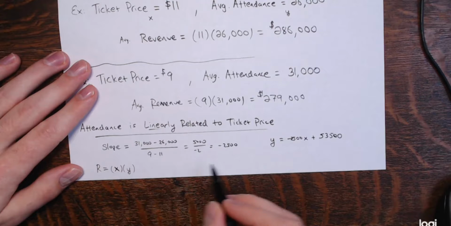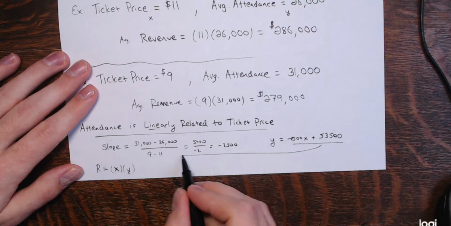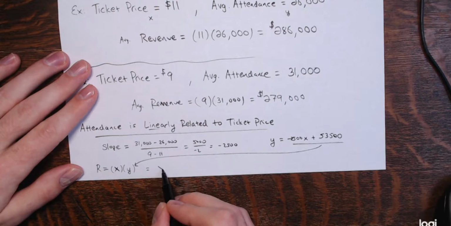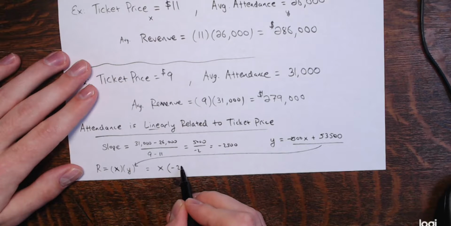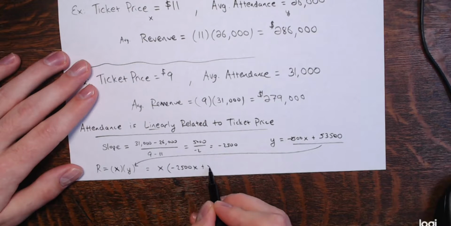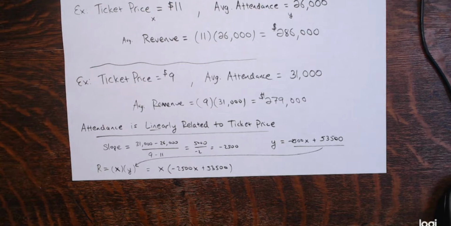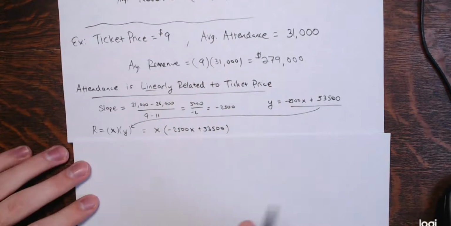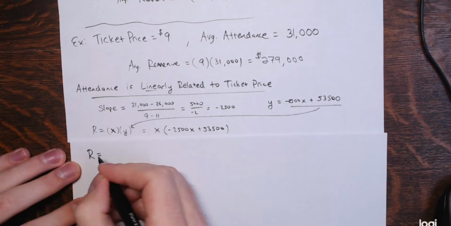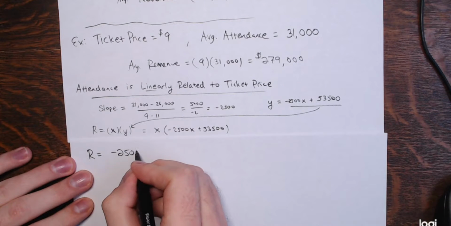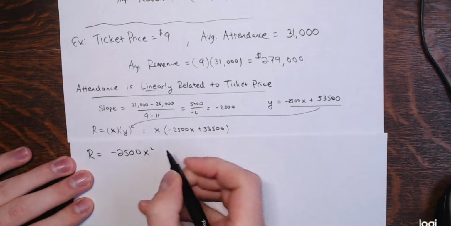Then I make this substitution, and we get X times negative 2,500 X plus 53,500, and we get a quadratic function in terms of X. We have R equals negative 2,500 X squared plus 53,500 X.